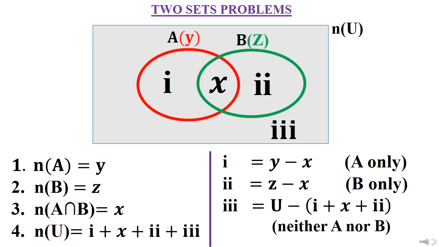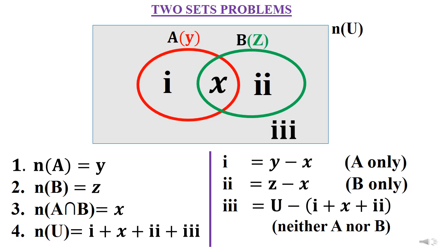Now let us look at how we can represent sets in this case. As I said earlier on, Y is a number and Z is a number. So this place can be any number, which can be 5, 10, 20, 15, and so forth.